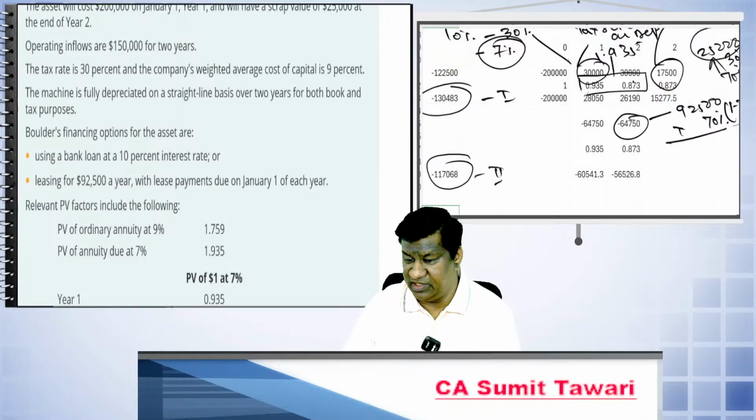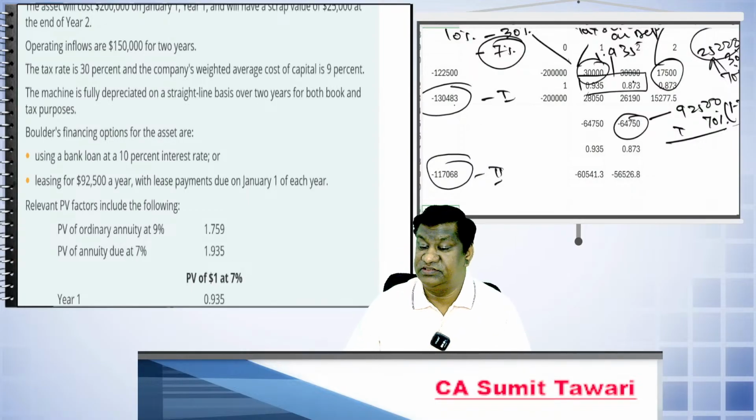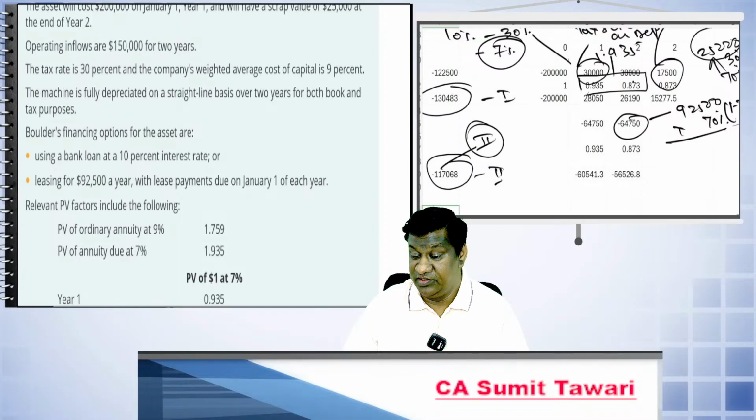I mean, is 130 the better one or 170 the better one? As this is the outflow, we need to consider the lesser outflow. So this option is the better one, the second one. Here we need to pay 117,068 present value, and here 130,483.